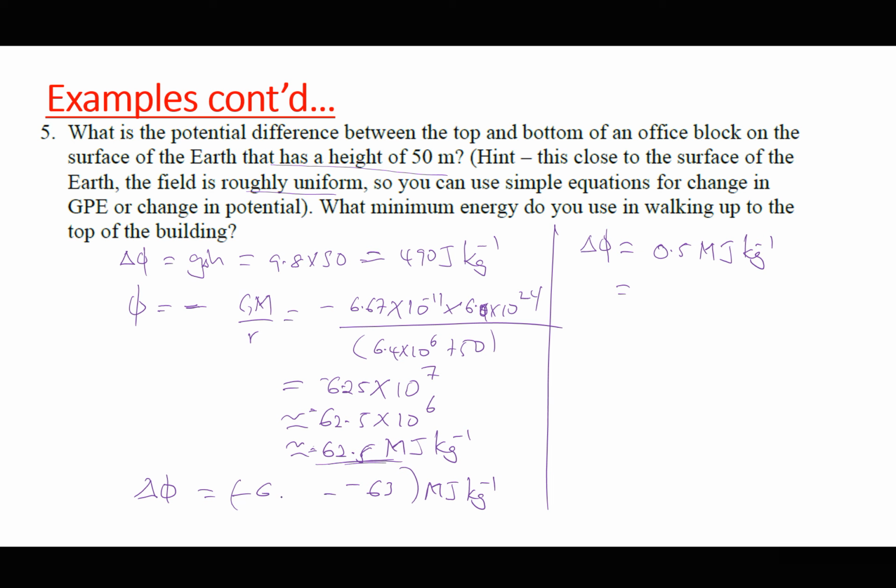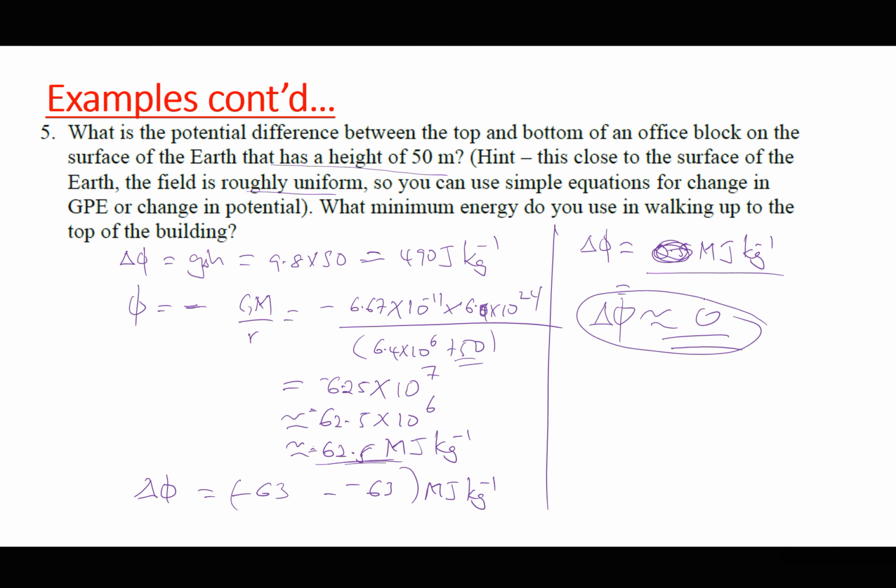So this will be approximately negative 63 minus negative 63, which is approximately 0. So I wanted to show you that with infinity as the reference point, close to the Earth's surface, if the change in height is very small, the change in potential is approximately 0.